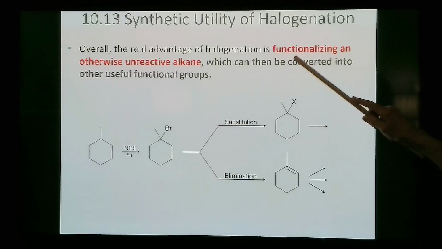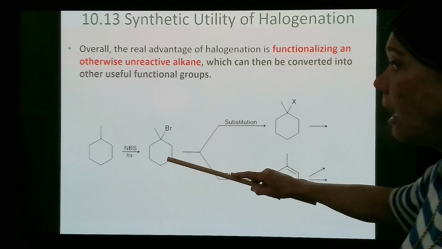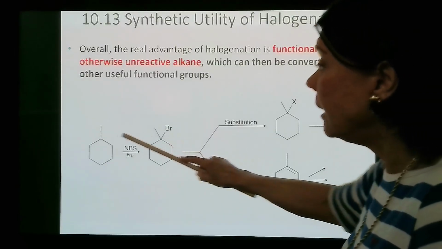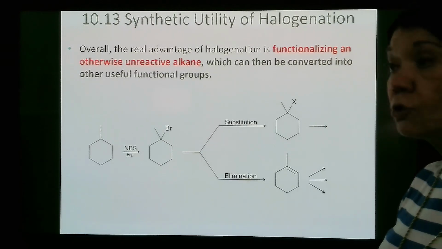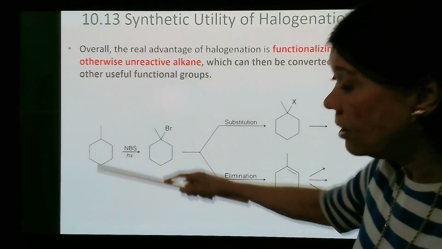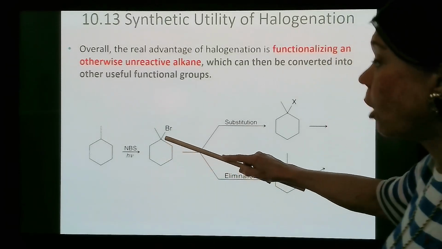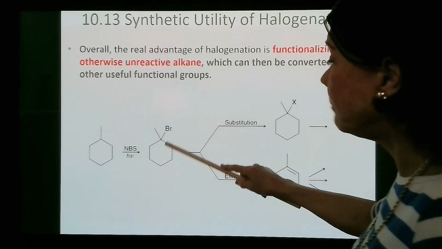The real advantage of halogenation is that you can functionalize what would be an unreactive alkane. Here, this is not a reactive alkane, it's just a hydrocarbon. There's no functional group on this, no place to start a reaction, but you can start one. The halogenation can happen here.